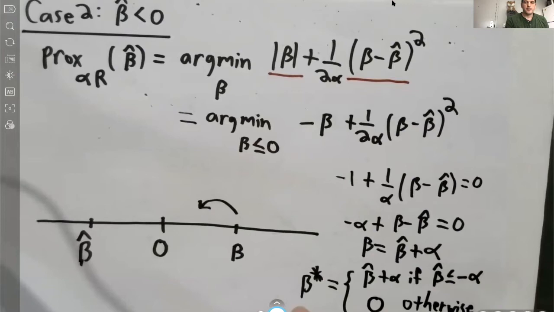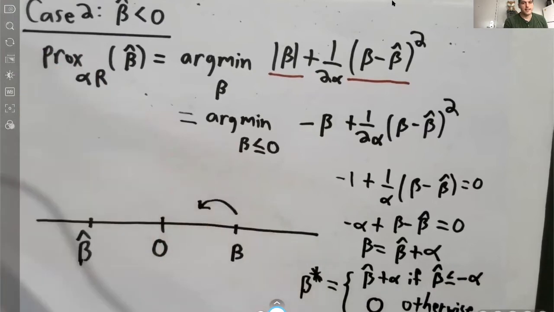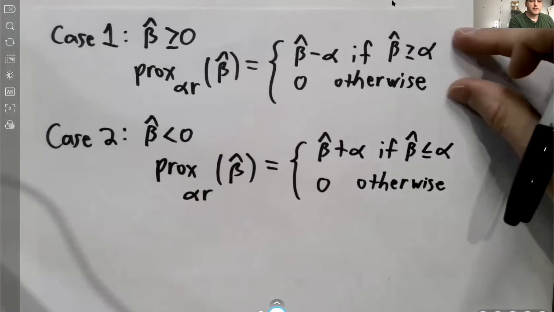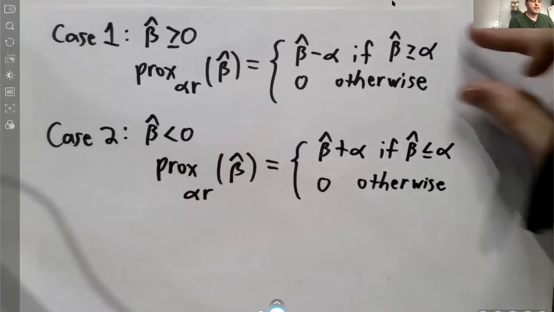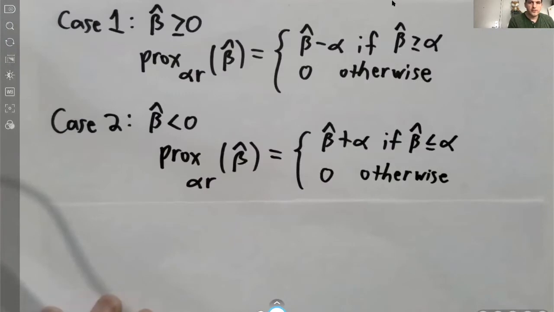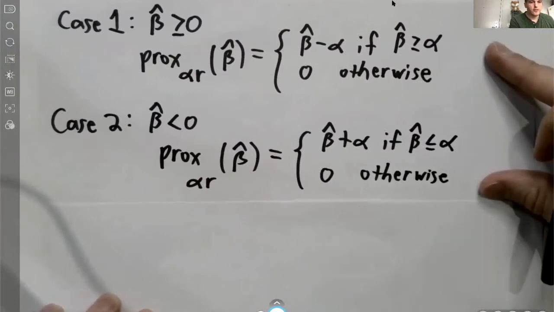This is a formula for the proximal operator of our function r in case 2 where beta hat is negative. So in summary, here's the answer that we got in case 1, and here's the answer that we got in case 2. And there's actually a nice visual way to understand these formulas.